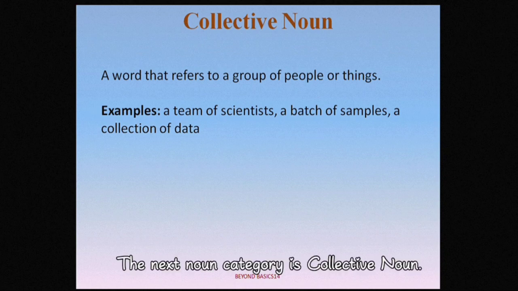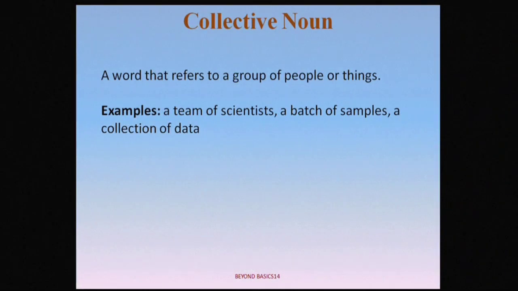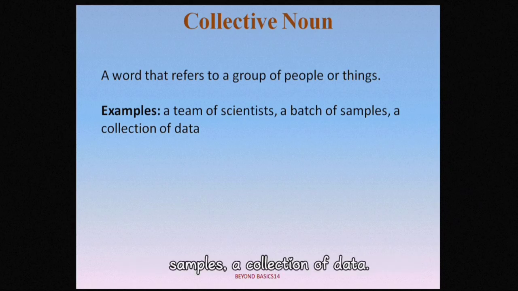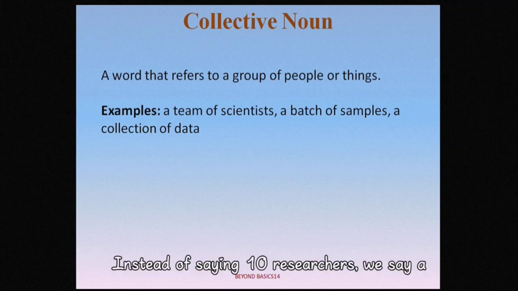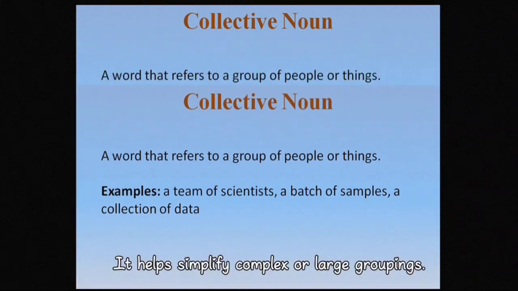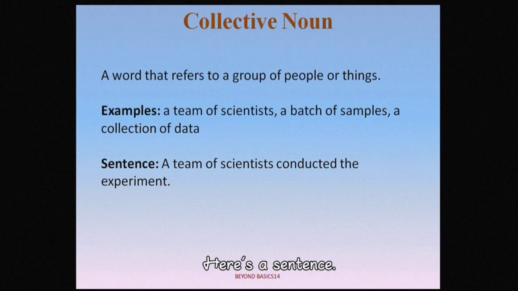The next noun category is collective noun. A word that refers to a group of people or things. Examples: a team of scientists, a batch of samples, a collection of data. Instead of saying 10 researchers, we say a team. That's a collective noun. It helps simplify complex or large groupings. Here's a sentence.